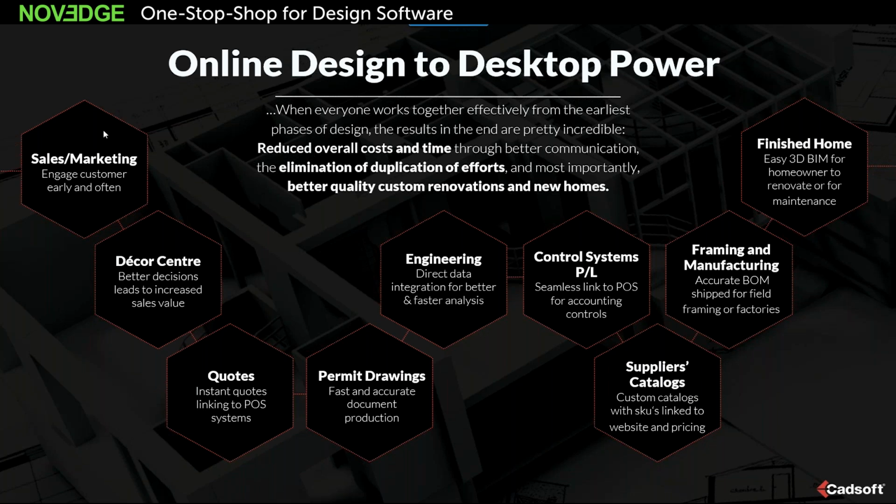So from sales and marketing to your decor center, from quotes and quantities from that same model, your permit model drawings from that same model, redirecting those to engineering for any analysis that needs to be done, and your control systems, linking it out to POS systems or ERP systems, to your catalogs for all of your SKU numbers, framing, manufactured, and once the entire process is over, having that model for the finished home as well, so that you can renovate or use it for maintenance in the future.